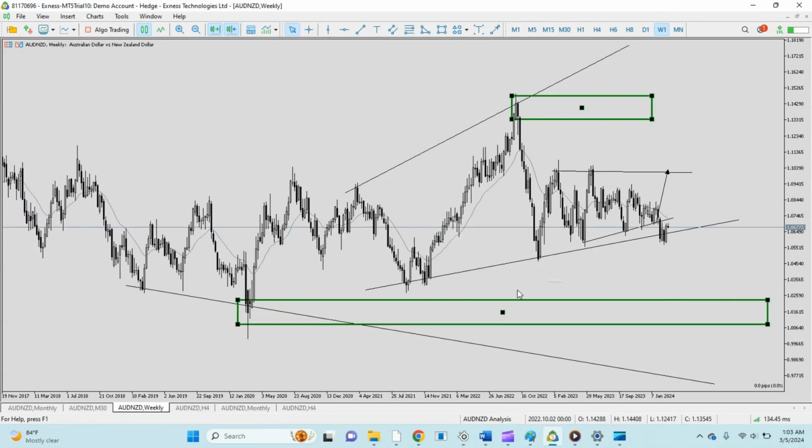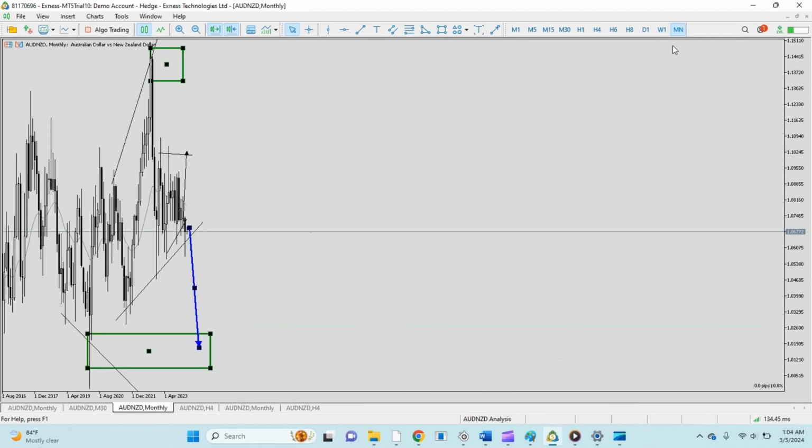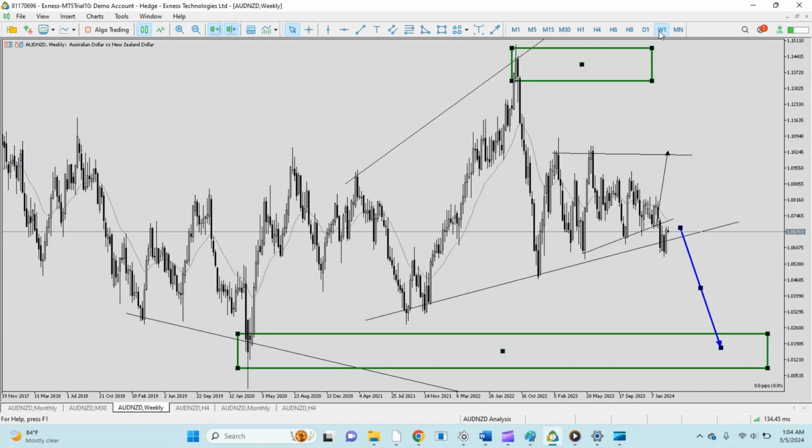Sorry for the mistake. So we may be expecting price to clear this liquidity, then come to this area before we can now say we are buying. And this is equally in tandem with what we saw in the monthly chart.